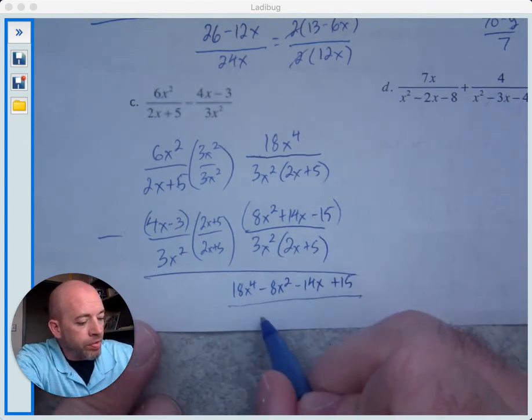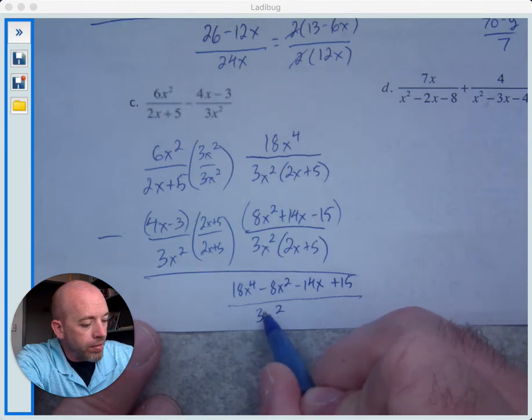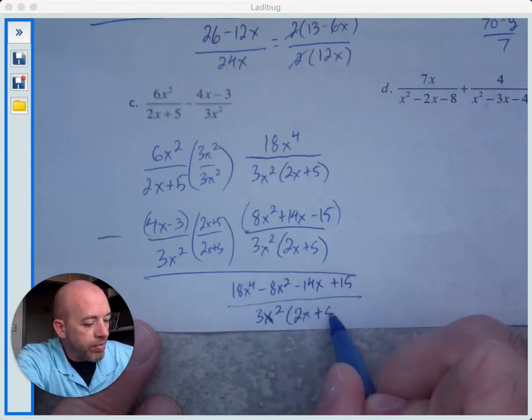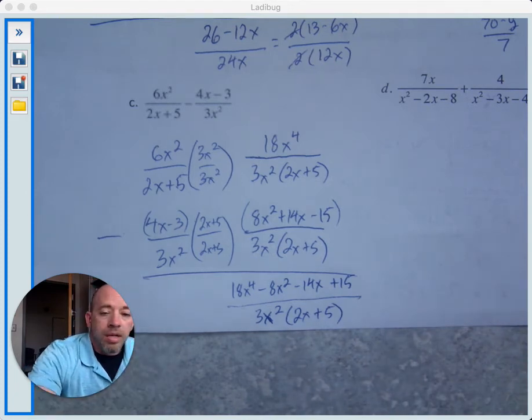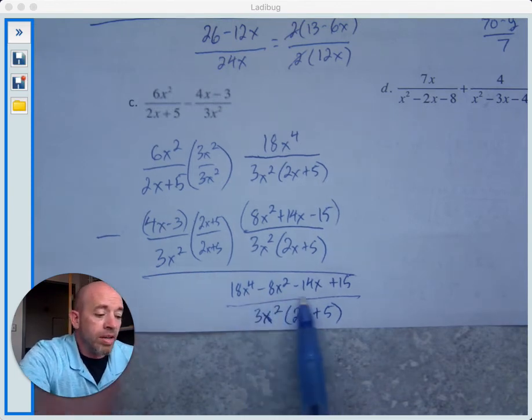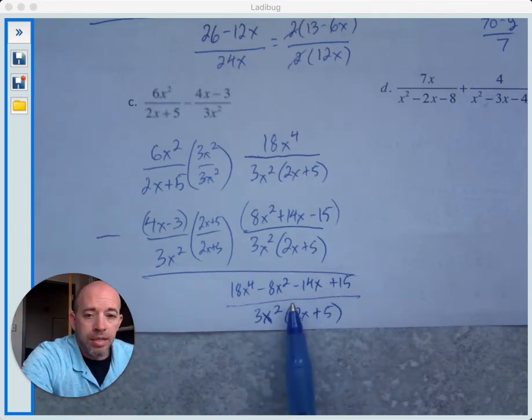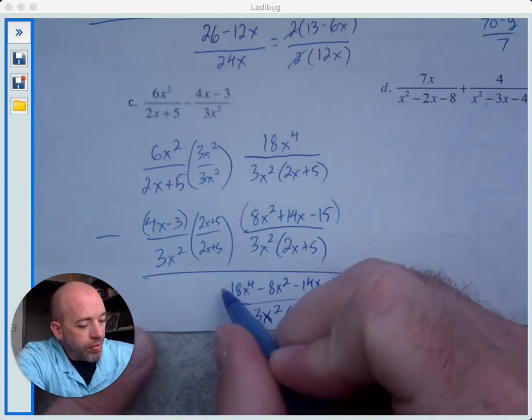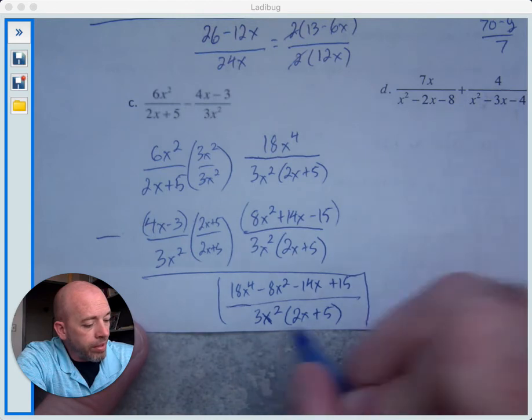And that's all over 3x squared times 2x plus 5. And I don't think there's anything else we can do at this point. This is 4 terms. You could say let's try to factor by grouping, but it's not going to help us any. It's not factorable really. So this would be our answer.